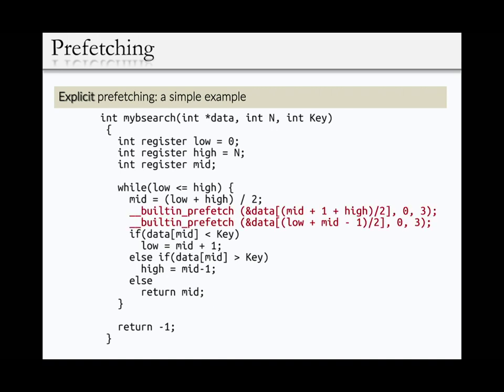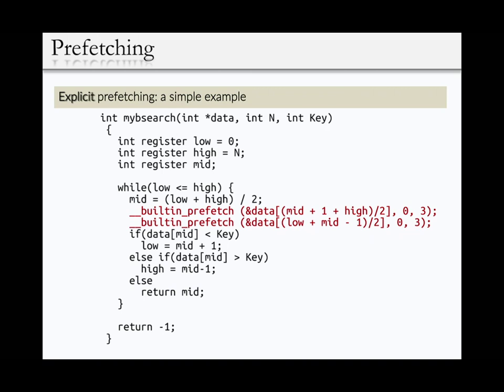However, what happens if here you put these two prefetch? This is a built-in function of the GCC. What I'm saying here is, since I know that either this one or this one will be used. This is the mid of this part, and the other one is the mid of the other part.